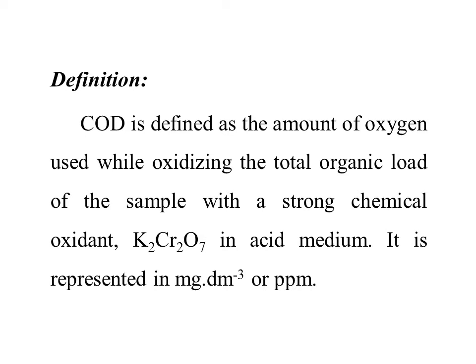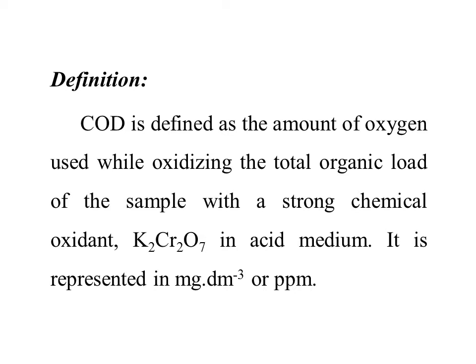In short, you can understand here chemical oxygen demand is the amount of oxygen required for the organic compound present in the sewage sample, for the oxidation process by using a chemical oxidant like potassium dichromate.